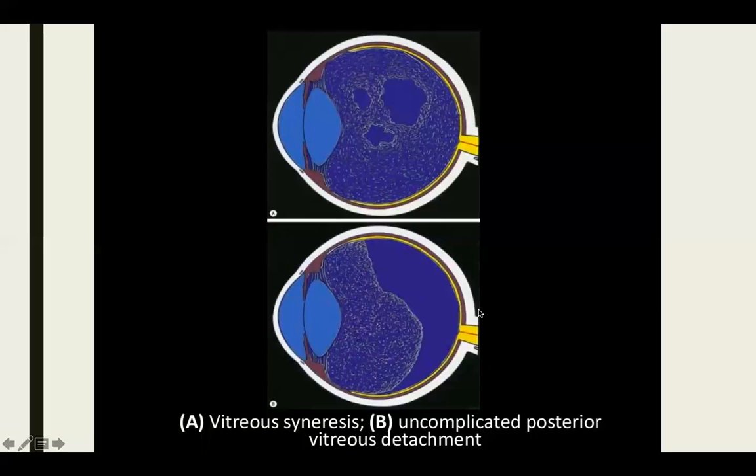We discussed last time what happens normally: a small lacuna is formed within the vitreous cavity and it collapses, and because of the liquefaction of the vitreous, because of the breakdown of the collagen fibers within the vitreous cavity, the vitreous sinks down.